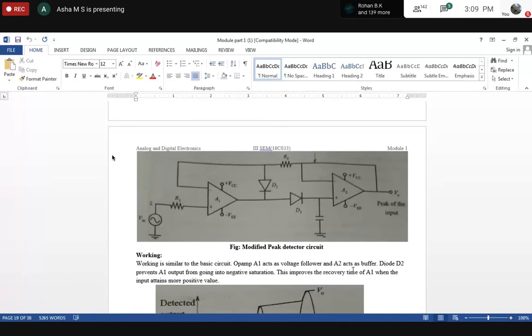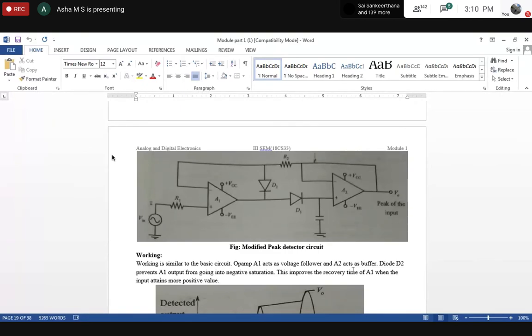So this A2 acts as a buffer. Now when you connect a load at this V0, to the output of A2, this extra circuit that we have added prevents the capacitor from discharging. Now the capacitor has the strength to withstand the load that you are going to connect at the output of A2.